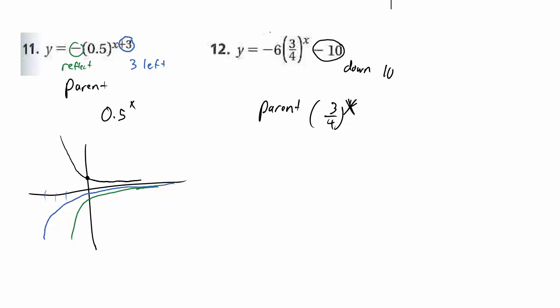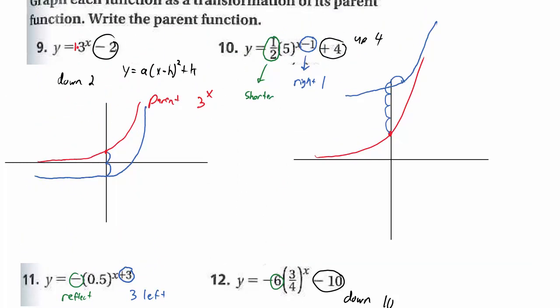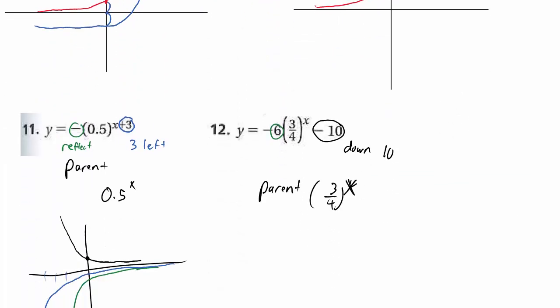Well, what does the 6 do? Unlike what we looked at for number 10, see how when we put a 1/2 in front and made it shorter, it was called a vertical compression? This is going to be a stretch, so a vertical stretch, or you could see it as just make it taller, in layman's terms.